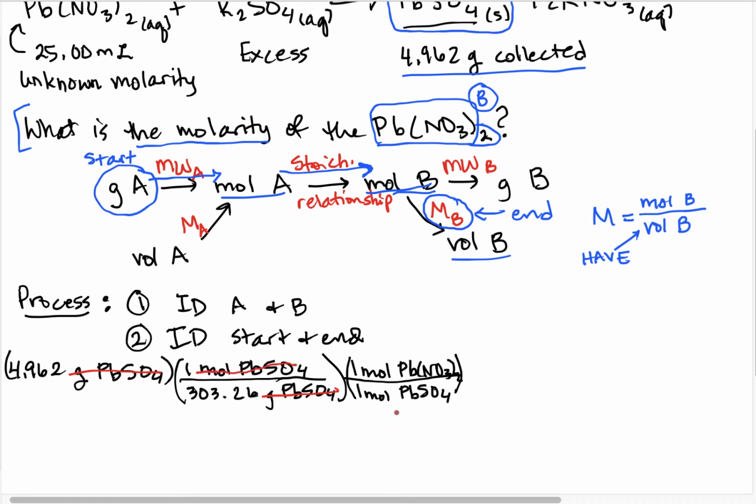So when I check back in with my calculation, I can see I actually want the moles. So I'm going to stop right here and go through this calculation. Okay, so when we do this calculation, I get 0.01636 moles of lead nitrate.